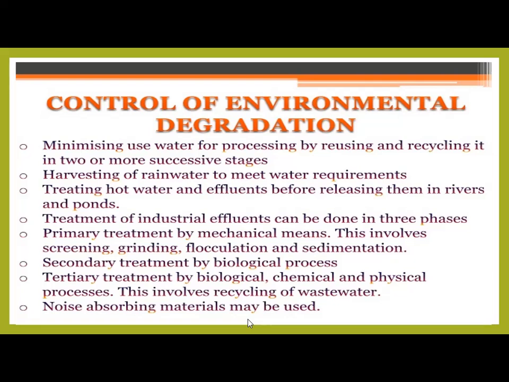Smoke can be reduced by using oil or gas instead of coal in factories to reduce air pollution. Particulate matter in the air can be reduced by fitting smokestacks to factories with electrostatic precipitators, fabric filters, scrubbers and inertial separators.